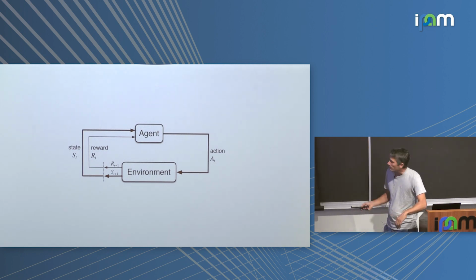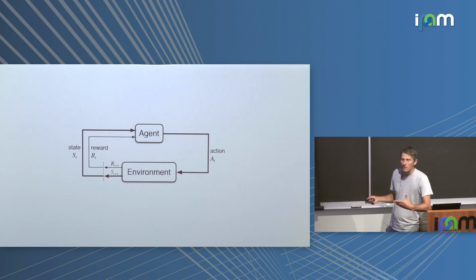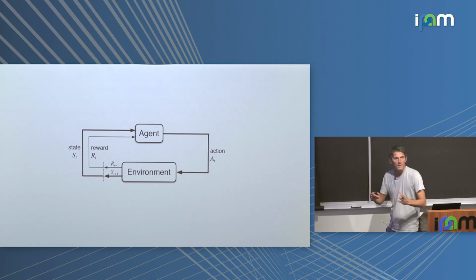So what we have to do here, in this context of adaptive learning, is decide what these elements are. And there's not a single solution for this. You could decide different things.